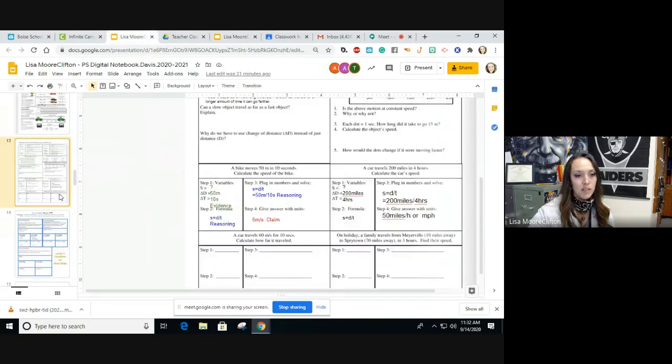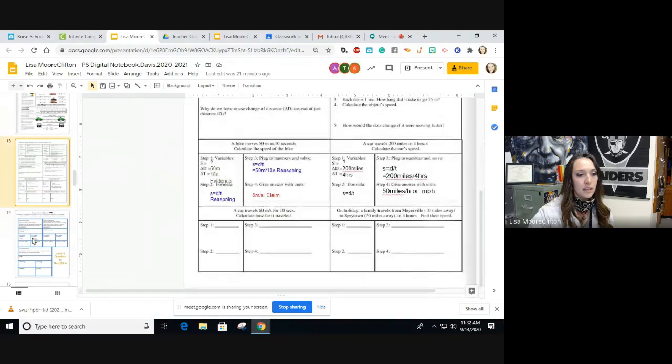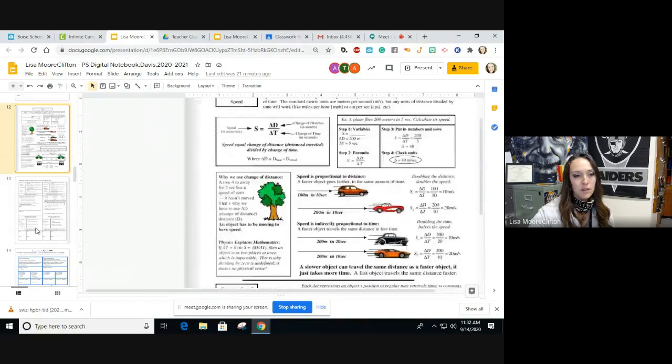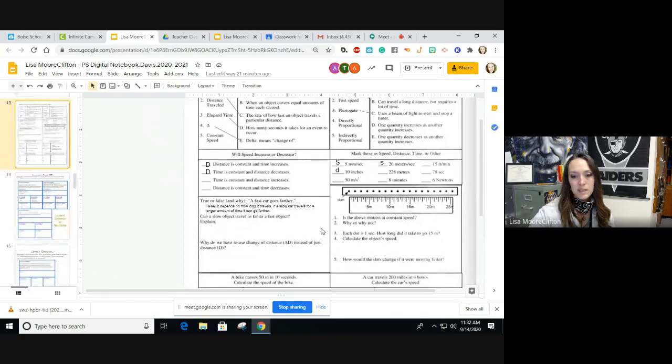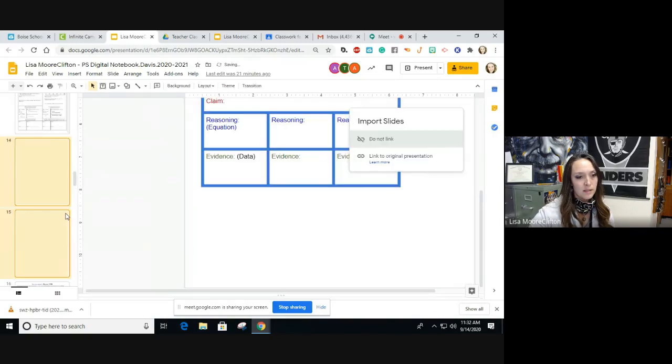And then you can go into your notebook. So this is my notebook here, and I've already got it pasted in, but you can go click between the slides. So you're going right after these 2 pages that I showed you last week, click between, and you can paste.